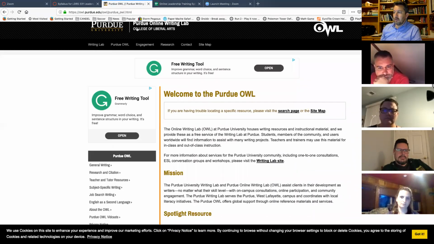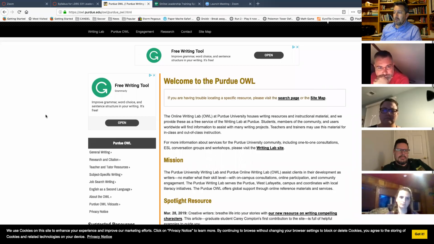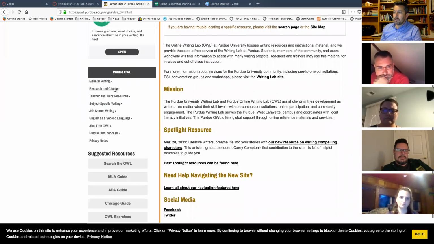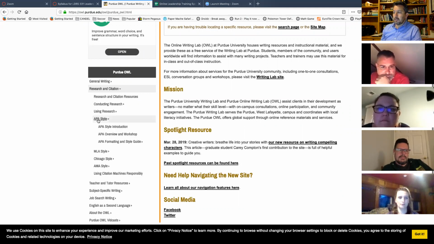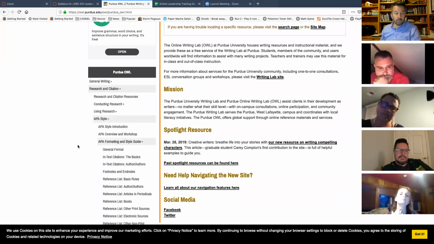So here under Purdue OWL, you have general writing, research and citations, and you see right there APA style. Right, so you can go there and see the formatting and style guide, but they have some other stuff too, right? Overview and workshop. We'll just go right to the style guide.